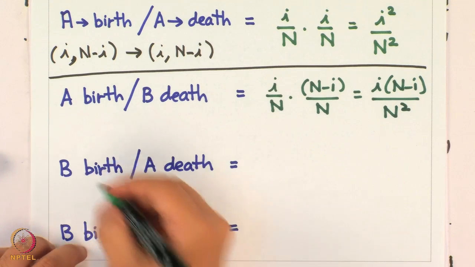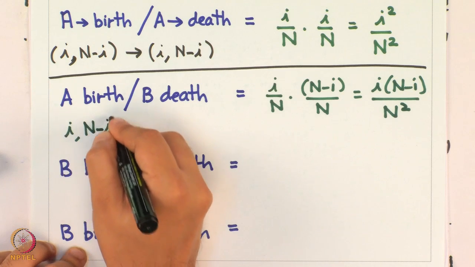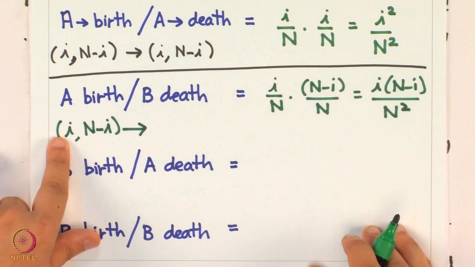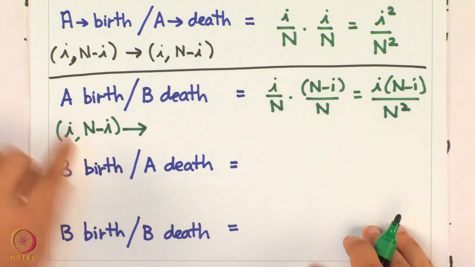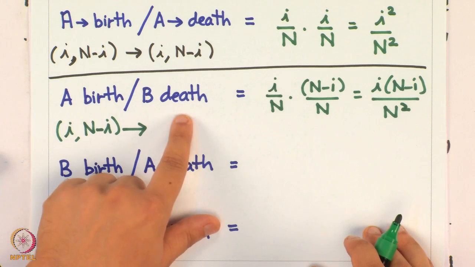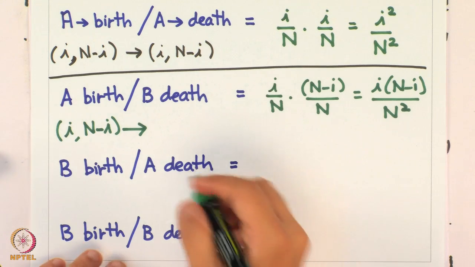And the state of the system from i and n minus i, again this represents the number of individuals of genotype A and the number of individuals of genotype B. When this happens, since A is giving birth, the number of A individuals goes up by 1, and B is associated with death, that means the number of individuals belonging to genotype B comes down by 1.